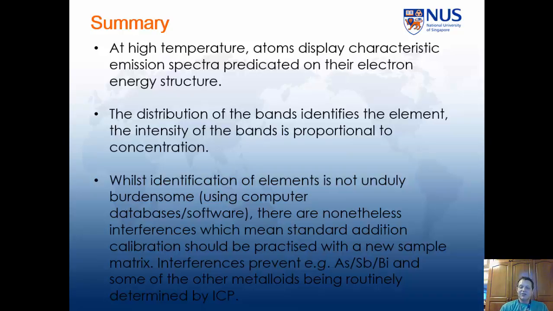Arsenic, antimony and bismuth, for instance, there are difficulties using ICP for those. But largely, the summary is probably fairly straightforward. Using modern computers, one can program in the spectra of particular elements and therefore establish what you have.